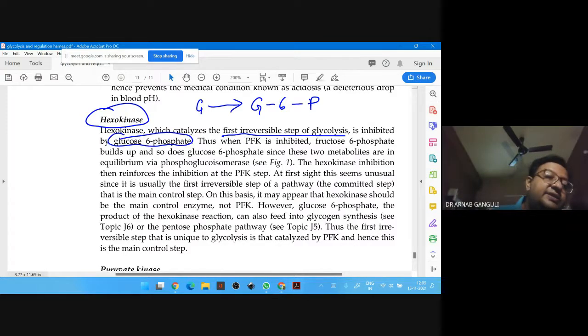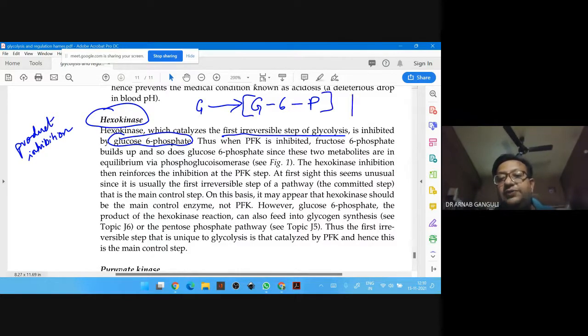This is known as product inhibition. If the concentration of glucose 6 phosphate keeps on increasing, that means glycolysis has stopped somewhere. It is accumulating. That means the glycolysis doesn't need to progress. So a high concentration of glucose 6 phosphate inhibits this enzyme from making more glucose 6 phosphate.